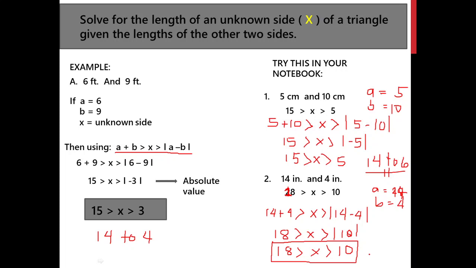So the possible values of the third side here would be from 17 to 11 there. So in between these numbers will be your possible values of the third side. So that example number 2 will be a triangle.